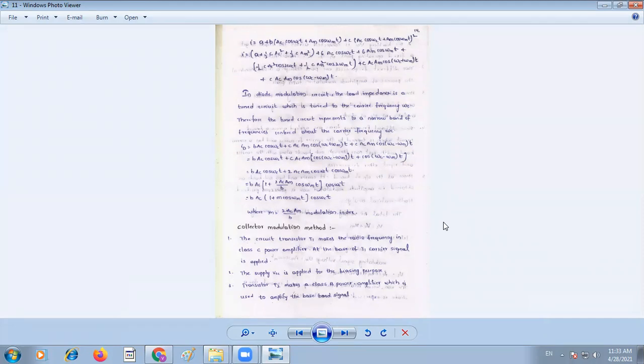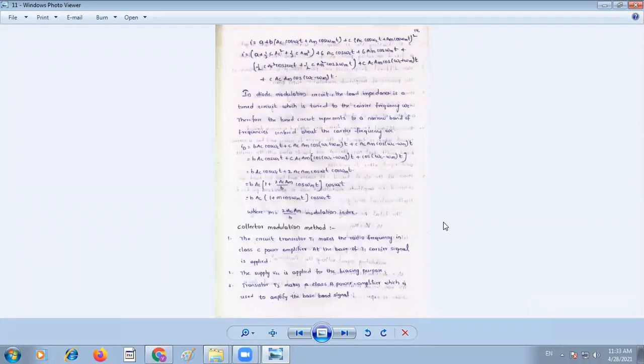The upper sideband power is the same as the lower sideband power, so the total power is carrier power plus the two sideband powers.